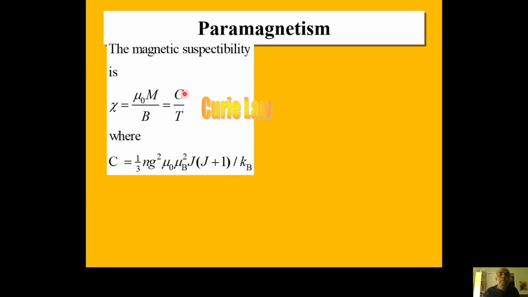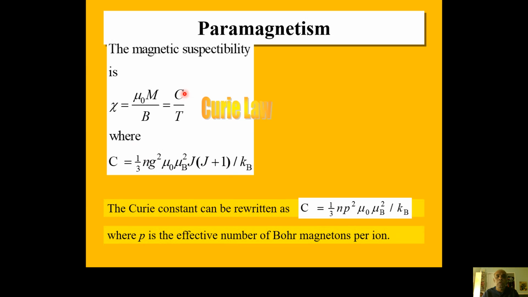But the susceptibility reaches very high values as T goes to 0, right? So it's an asymptotic behavior. The Curie constant is given by this value. If you write it in this form, we can write this P here.